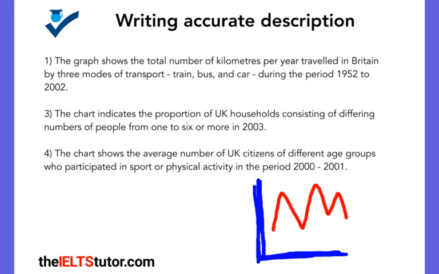So the marks in red is what you should be putting in your overview. The lines in blue, the vertical and horizontal axis, should be the ones that you put in your introduction. Okay, so far so good, I hope. I hope that differentiates between introduction and overview.